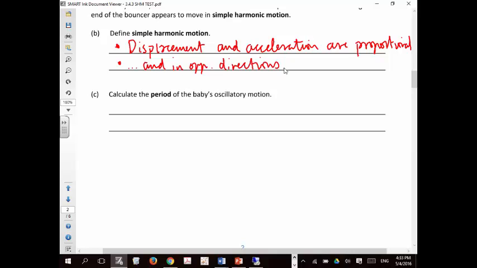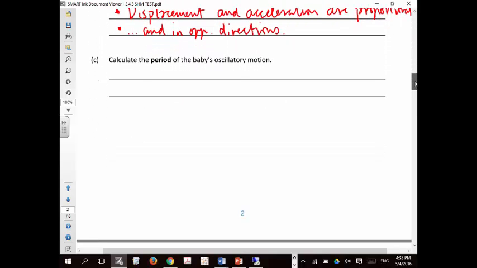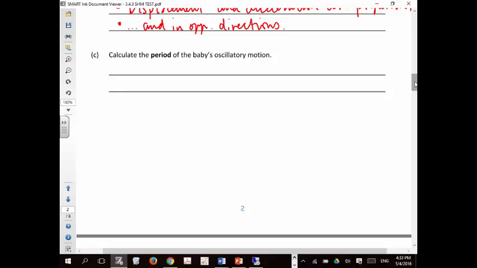Okay, calculate the period of the baby's oscillatory motion. So 425 was the spring constant, 6.5 was the mass. So we use the fact that T is equal to 2 pi square root m over k, which in this case is equal to 2 pi times the square root of 6.5 over 425.